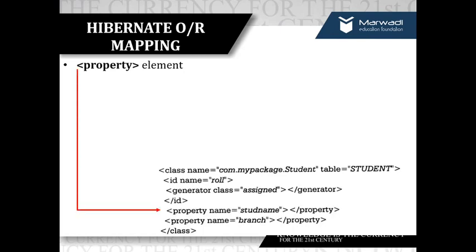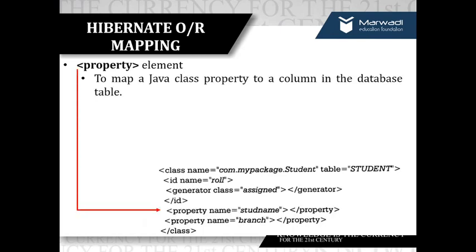Then comes the property element. Property element is nothing but a Java class property mapped onto a column in the database table. The name attribute specifies the property of the class. So you can see all these attributes, that is the name attribute of class, then the name attribute of ID, then the name attribute of property, specify the properties of a Java class.